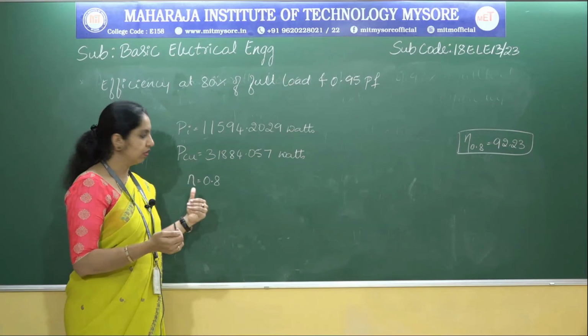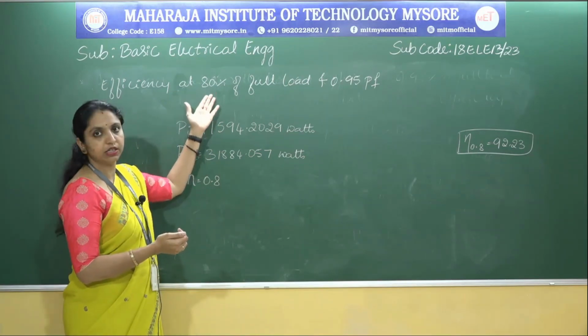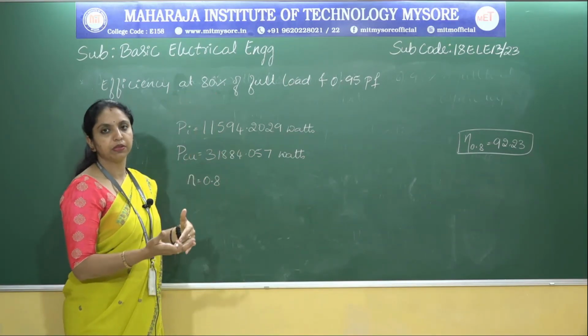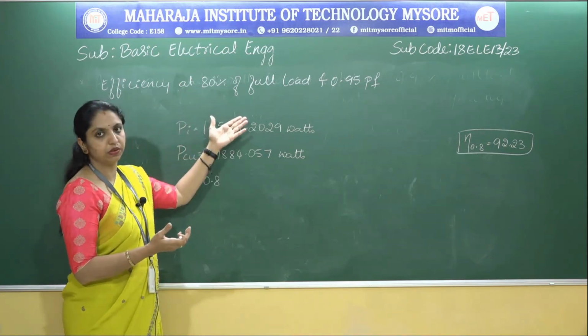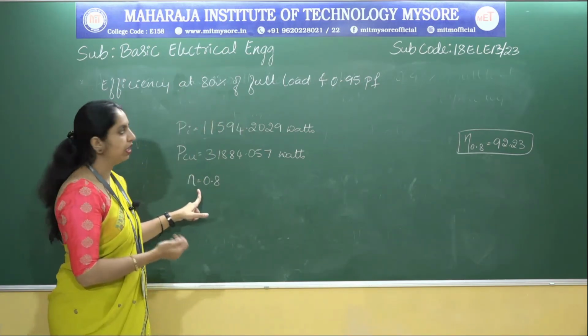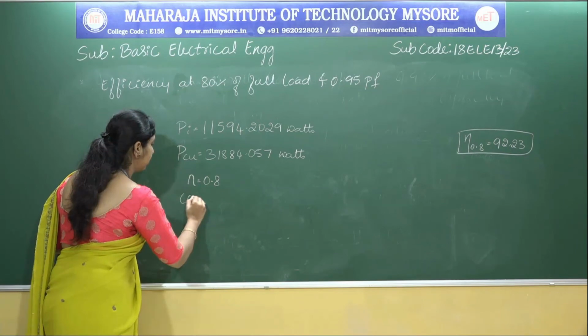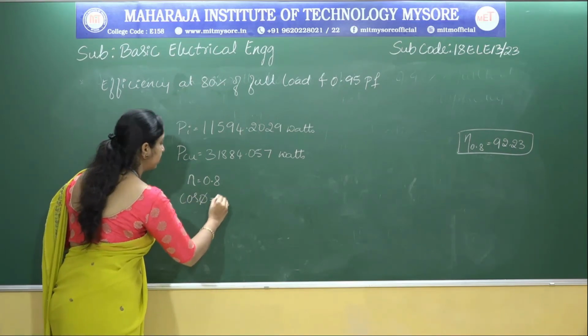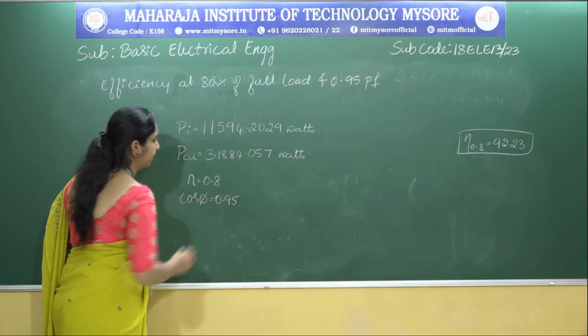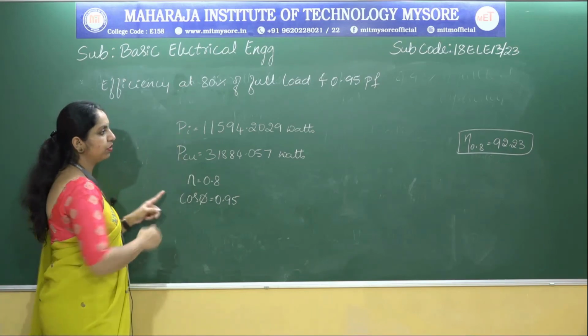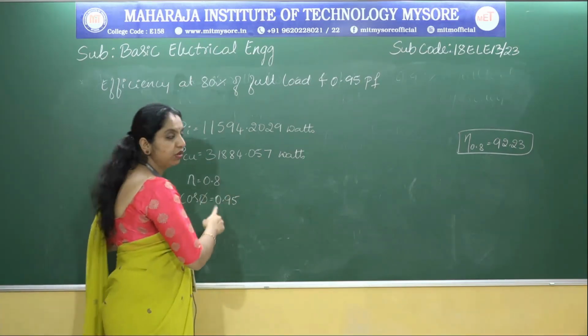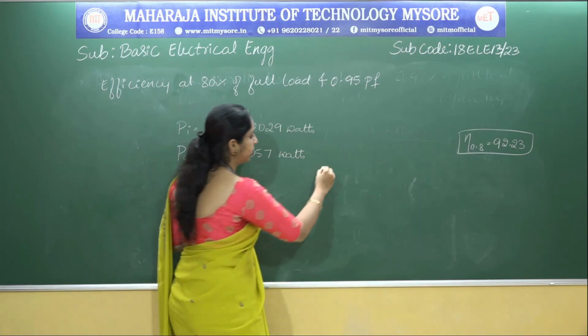Sometimes it could be 80% or 20% or whatever. So for 80% of the full load, n becomes 0.8 and the power factor cos phi is equal to 0.95. Now these values are given here, and we substitute all these values to calculate the efficiency.